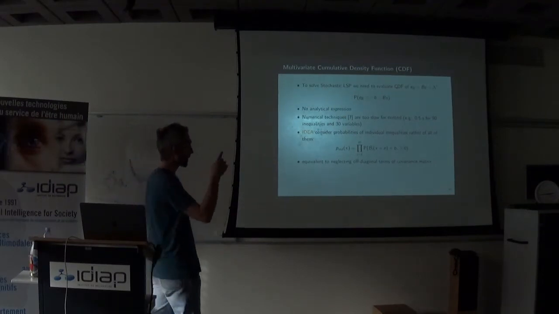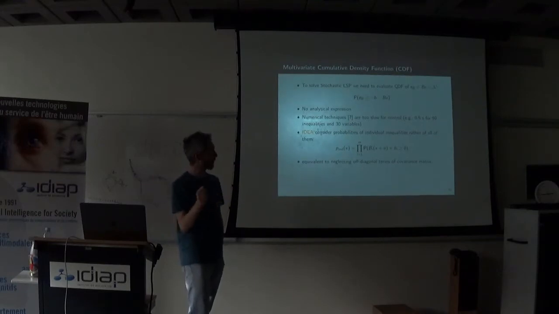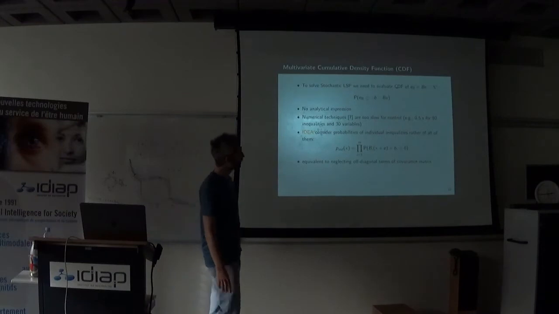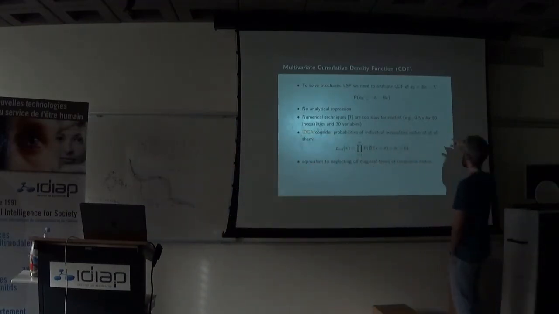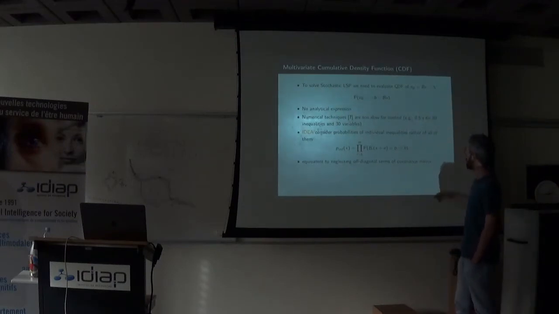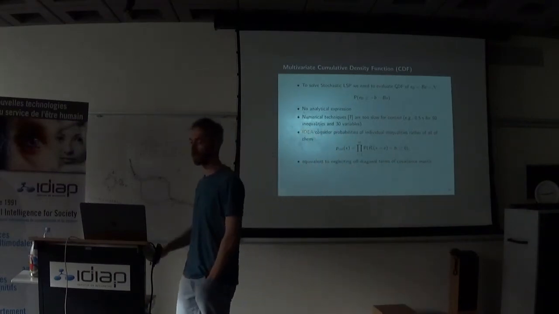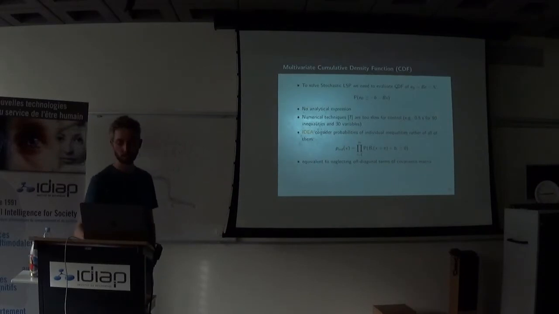This is another interpretation, if you prefer. It's equivalent to neglecting the off-diagonal terms in the covariance matrix of, not of E, because E has no off-diagonal terms, but of this guy here, B times E, which is still a Gaussian random variable, but this time the covariance matrix has also off-diagonal terms.